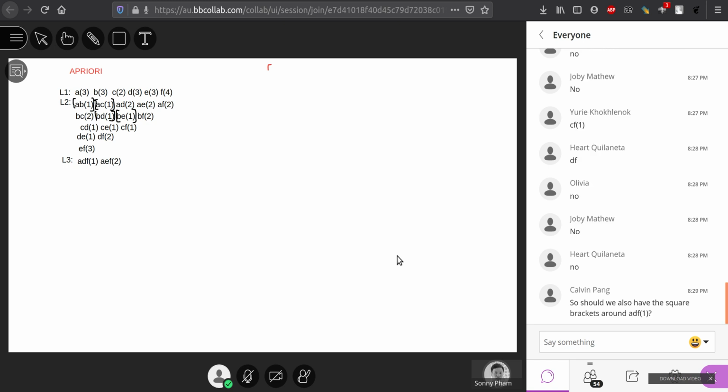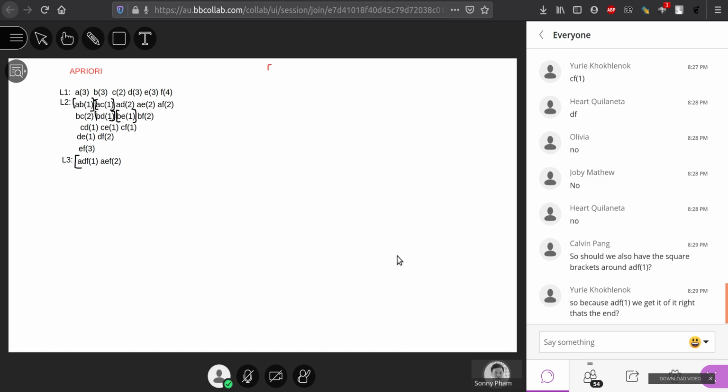Now we have listed and counted, and the next thing you have to do is put a bracket here and a level 3 to complete it. So that is done.